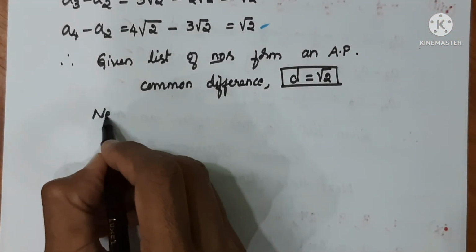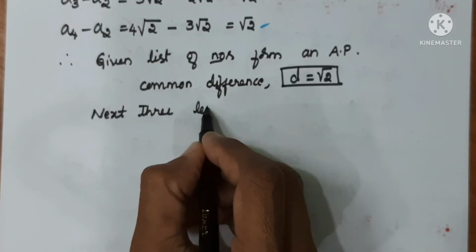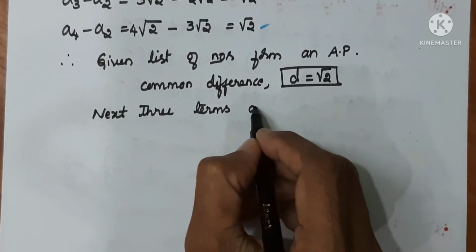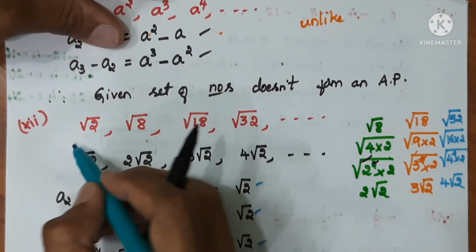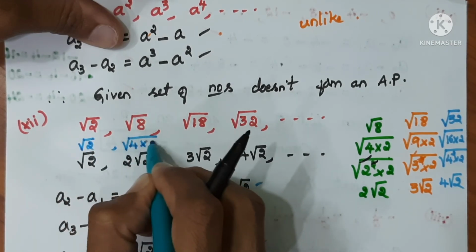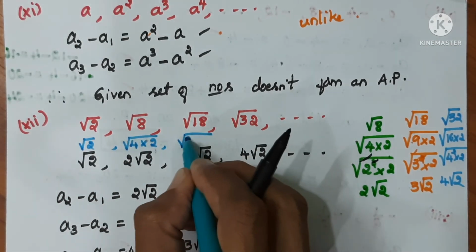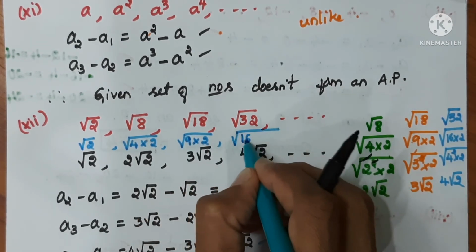Next 3 terms of the AP are, here you see we can write root 2 as root 2. This is root 4 into 2. This is root 9 into 2. This is root 16 into 2.